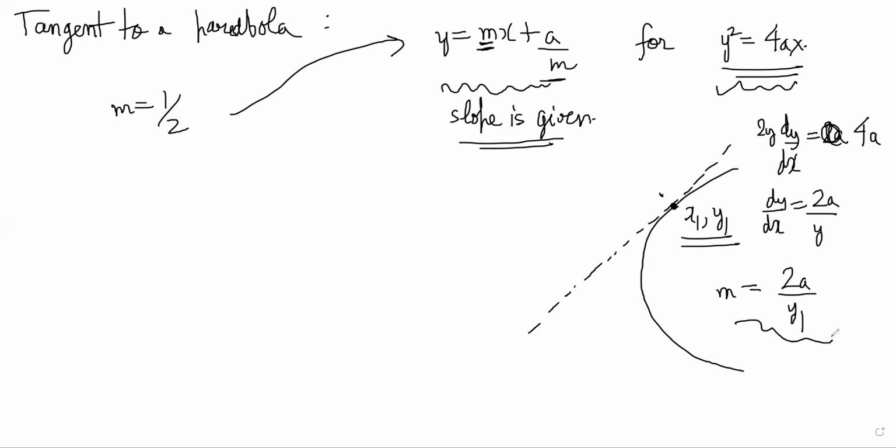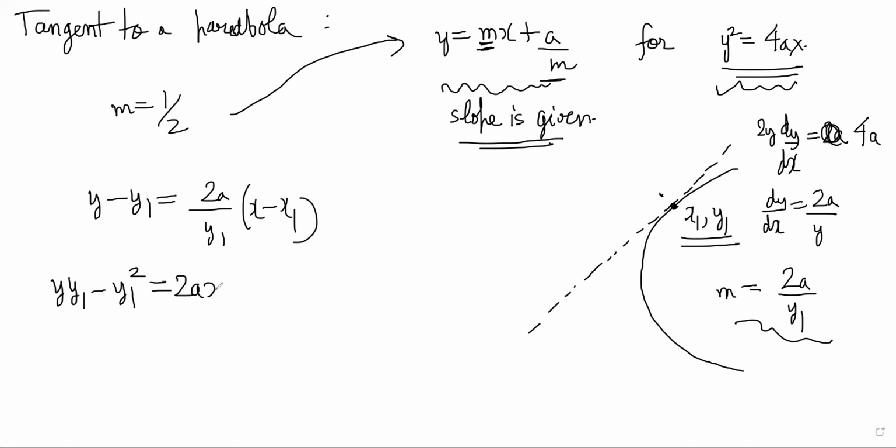And then write the equation of the tangent by point slope form. y minus y1 is equal to 2a by y1 into x minus x1. So you get y y1 minus y1 square is equal to 2ax minus 2ax1. So this becomes y y1 is equal to 2ax plus y1 square minus 2ax1.